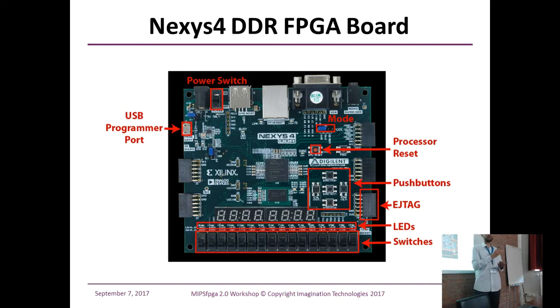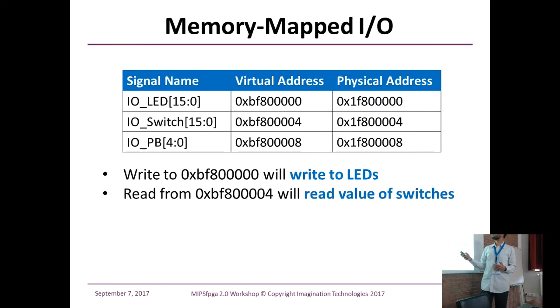So basically, the MIPS core writes a register in memory, and the register is basically wired to the I/O itself. That's how we call it memory mapped I/O. This is the virtual address we picked, and the physical address. There's basically one register in hardware.